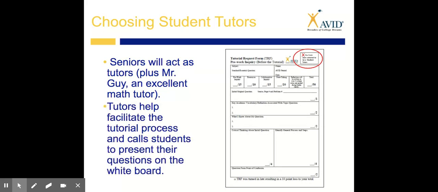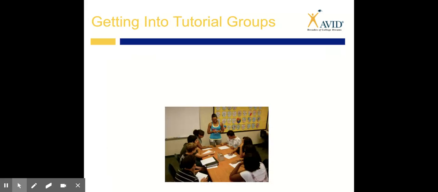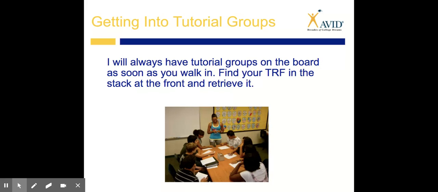All right. So, like I said before, seniors will act as tutors plus Mr. Guy, who helps out with math. Tutors help facilitate the process and call students to present their questions on the board. Whenever you get in your groups, once again, we're acting as if we're in person here, I'll have the groups projected onto the board as you walk in.